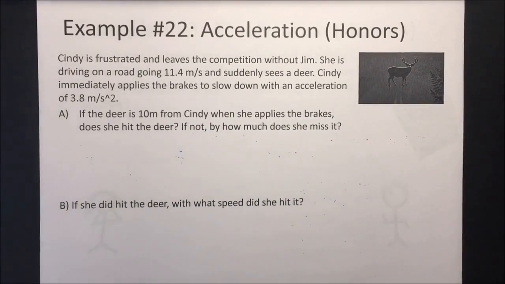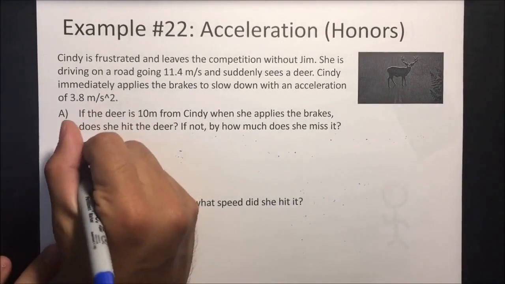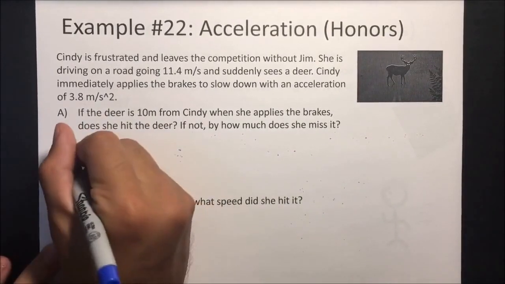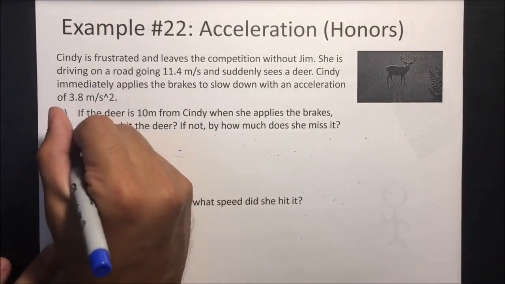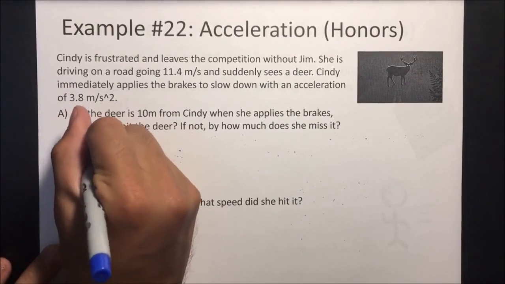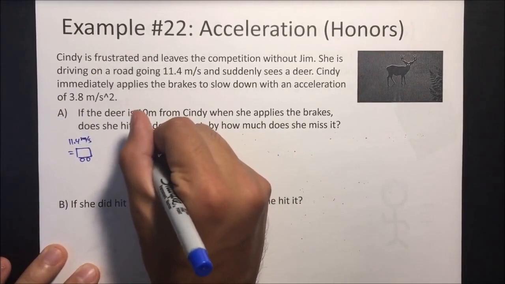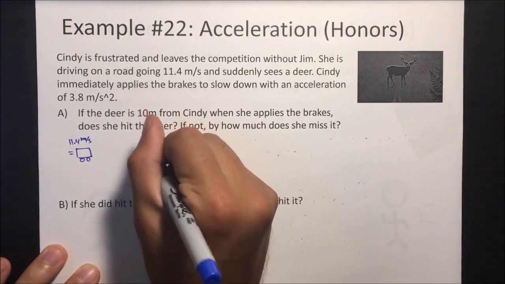Alright, let's kind of draw out this problem. So she's in her car, she left Jim by himself. She's in her car, it's moving fast, 11.4 meters per second. 10 meters away from her is a deer. Oh god, deer.